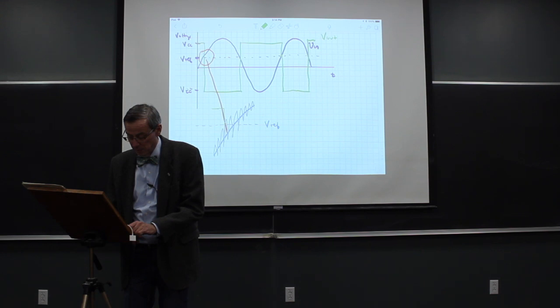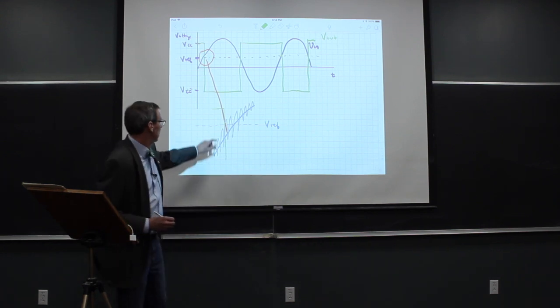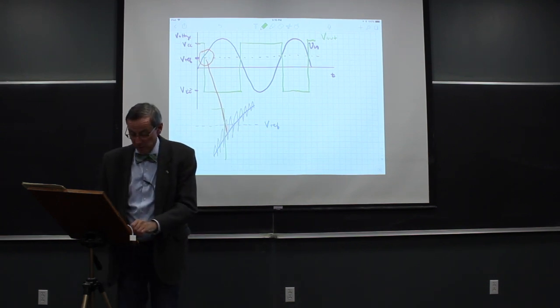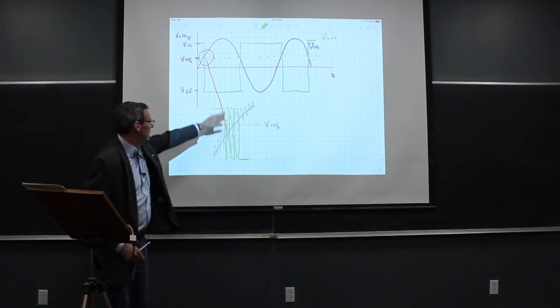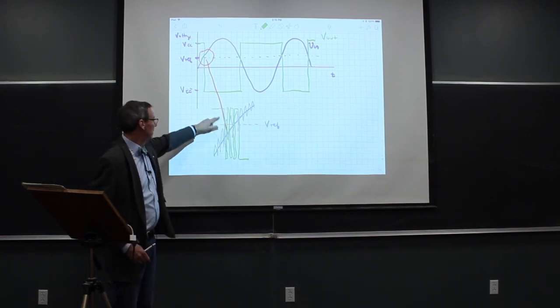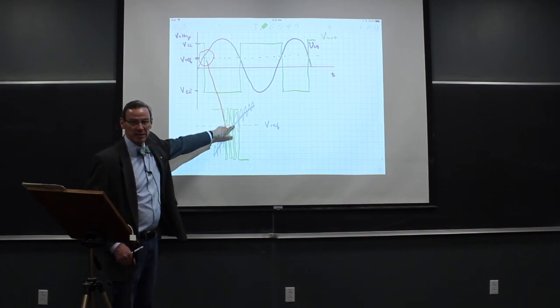And then we drop down. But then right here we cross it again, so we're going to jump right back up again, and down, and up, and down, and up several times, until we finally wind up down. So this noise here can cause it to turn on and off and on and off and on and off many, many times when it's very close to this.